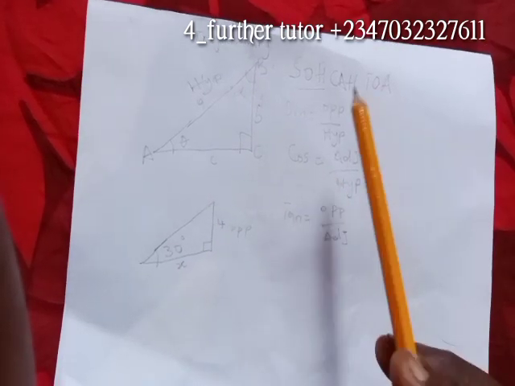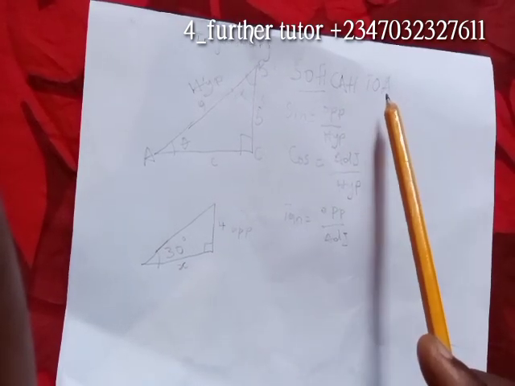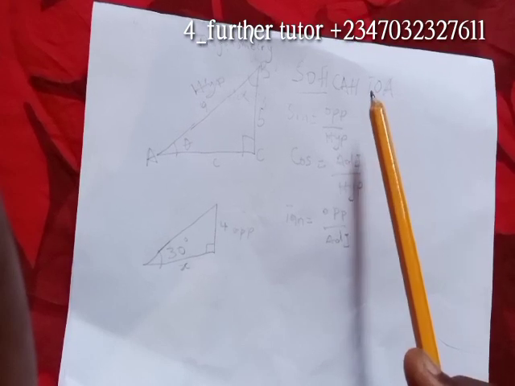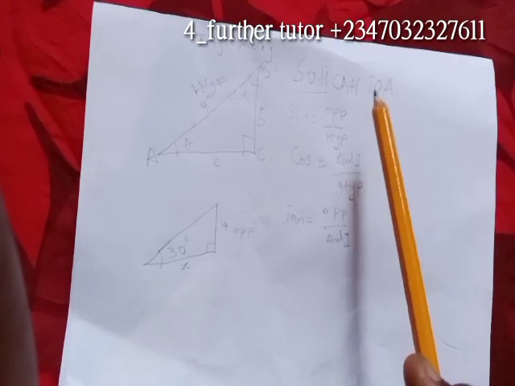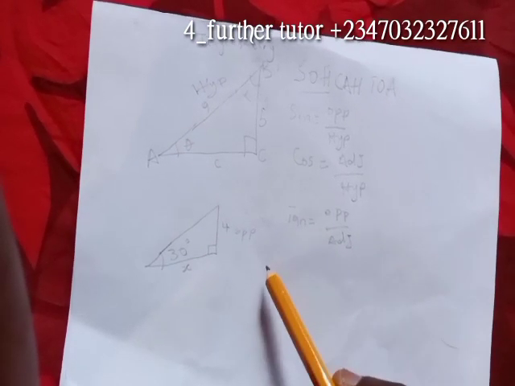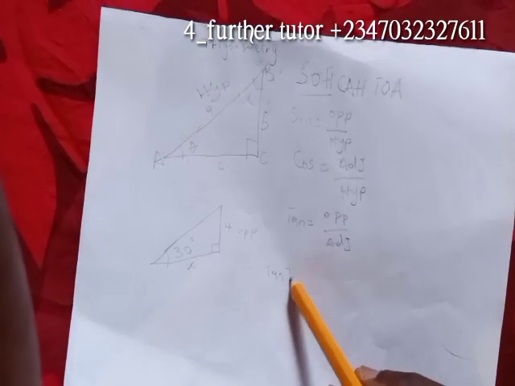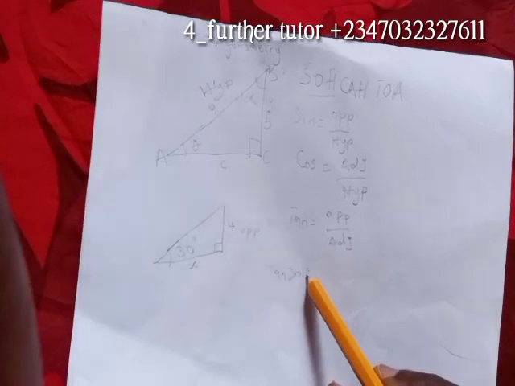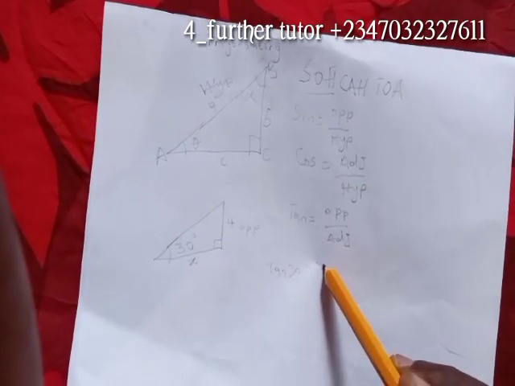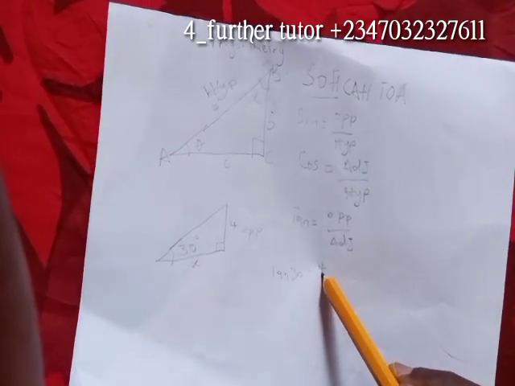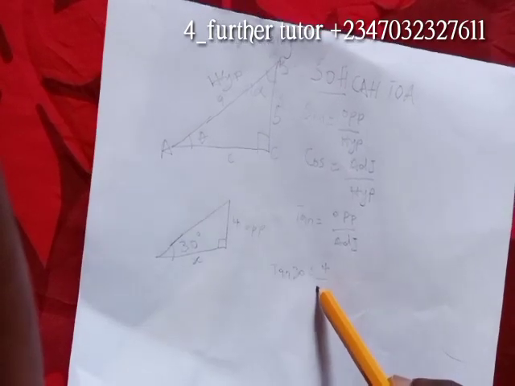Knowing that I have been given opposite and adjacent, my SOHCAHTOA tells me to use tan. Tan is the best formula for this question. So I will now say tan 30 is equal to opposite, which is 4, over my adjacent, x.